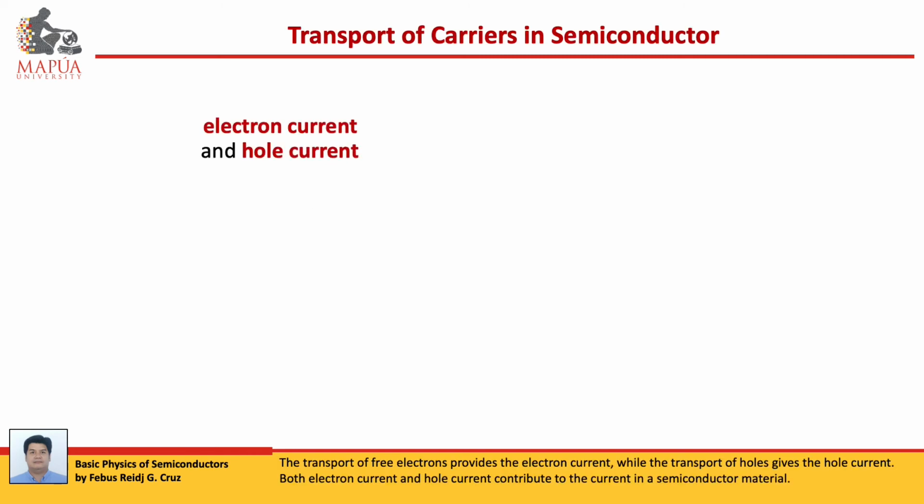The transport of free electrons provides the electron current, while the transport of holes gives the hole current. Both electron current and hole current contribute to the current in a semiconductor material.